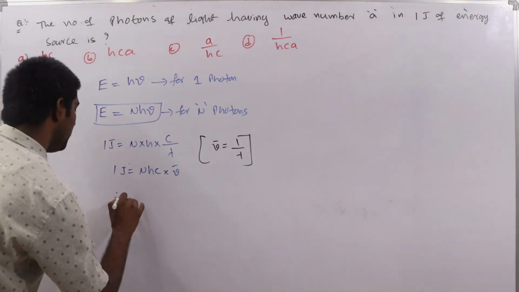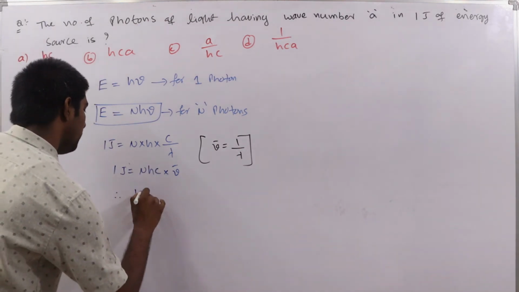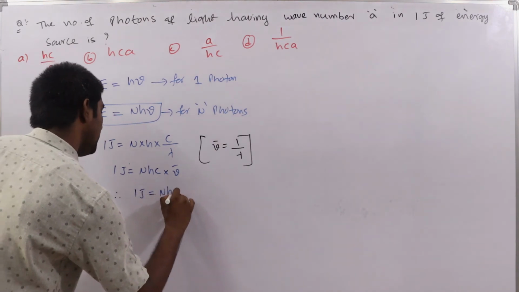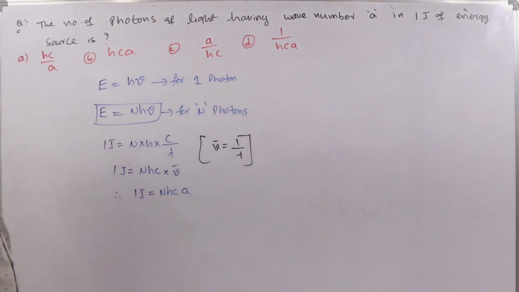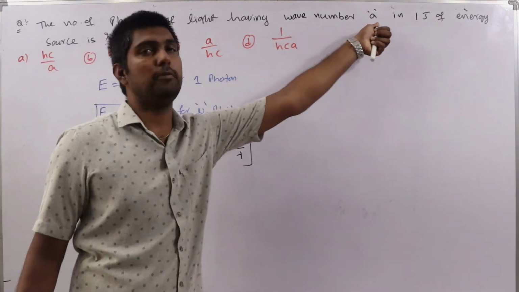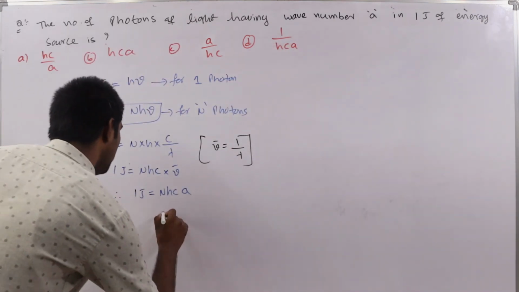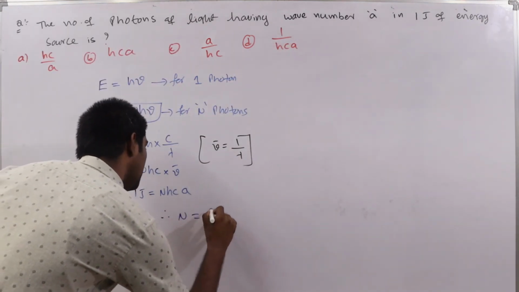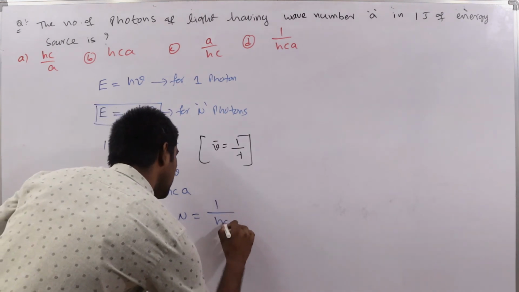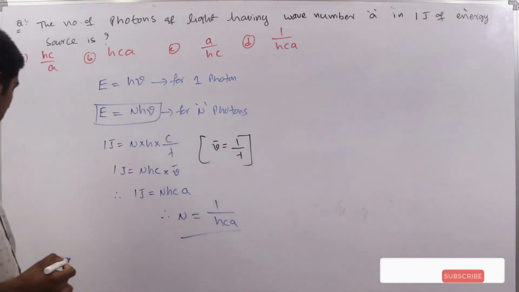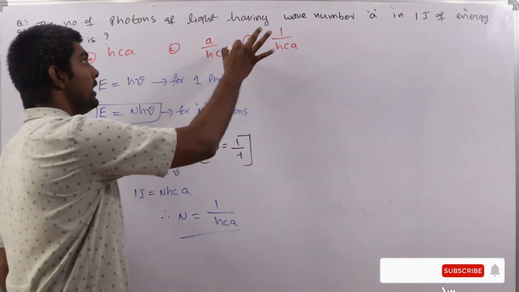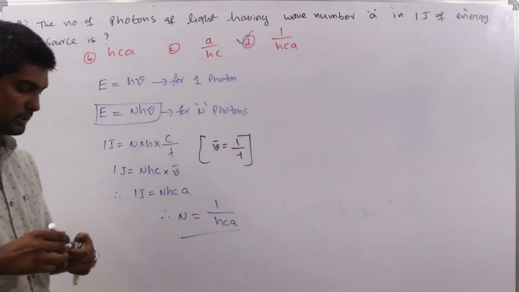Therefore, from this, 1 joule equals n h c into A, since they have already provided the wave number as A. So n equals 1 by h c A. Option D is the answer.